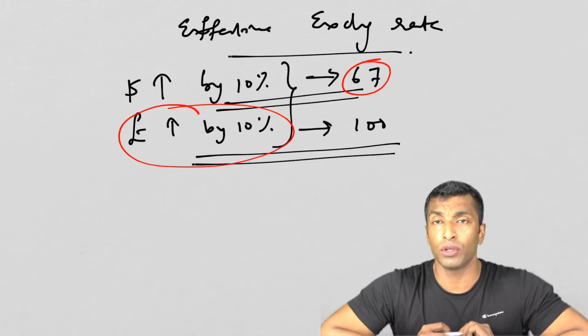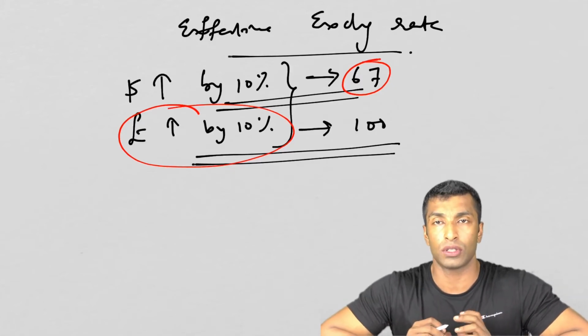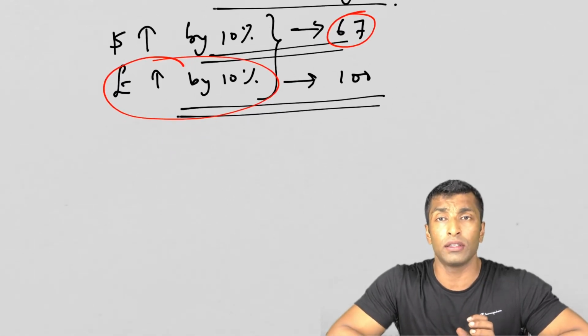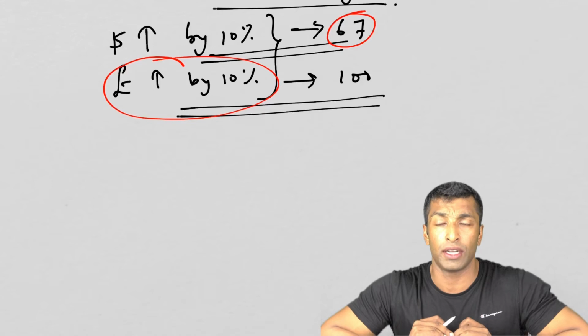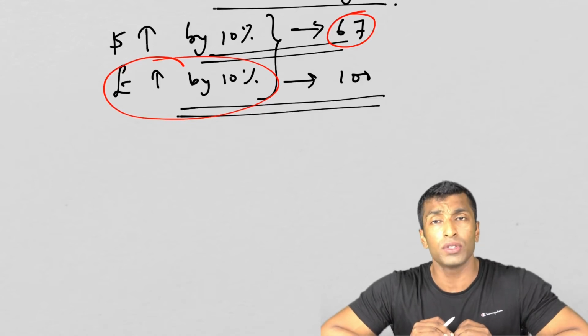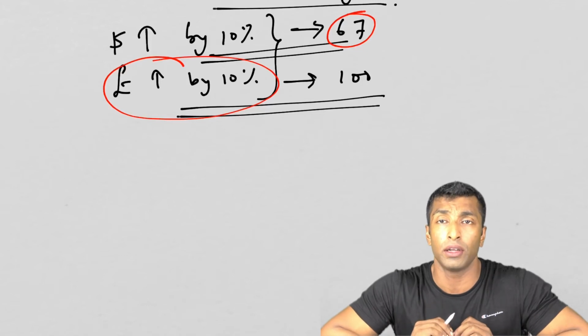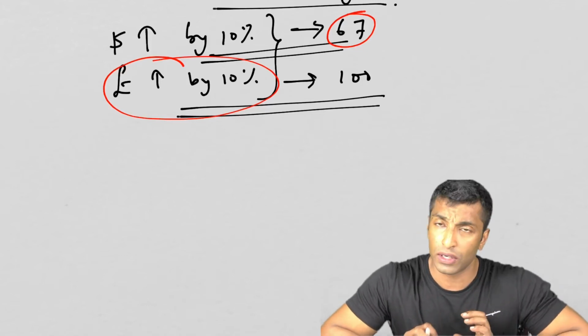Suppose we have no trade with the Kenyan currency or some African countries, we are not bothered about whether their currency is appreciating or depreciating. It is going to affect us only if we have a trade relation with that particular country. That is what we are going to discuss here, so you'll understand it soon.